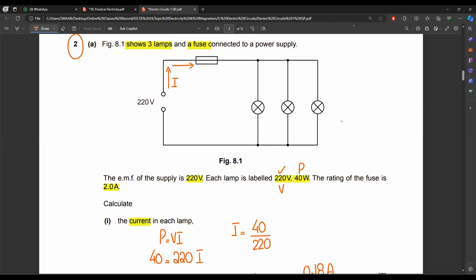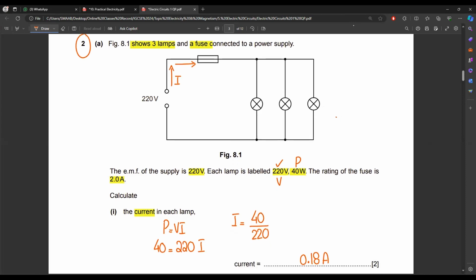So what we have to do for this? Any idea how to find out the current through the fuse?